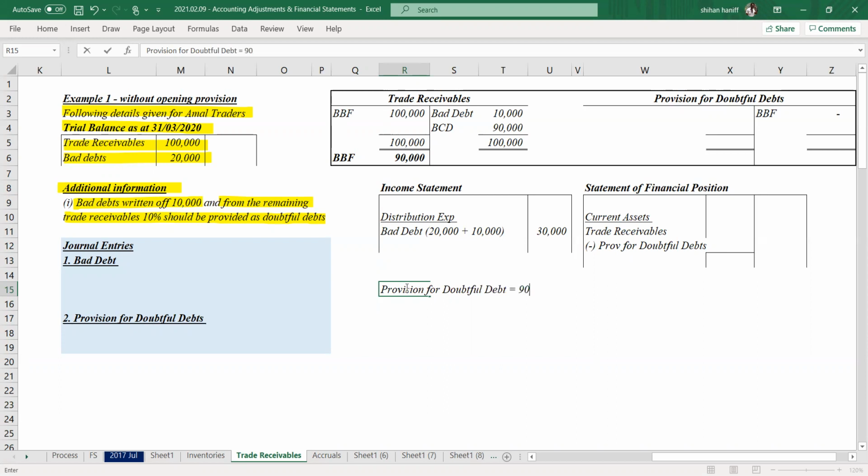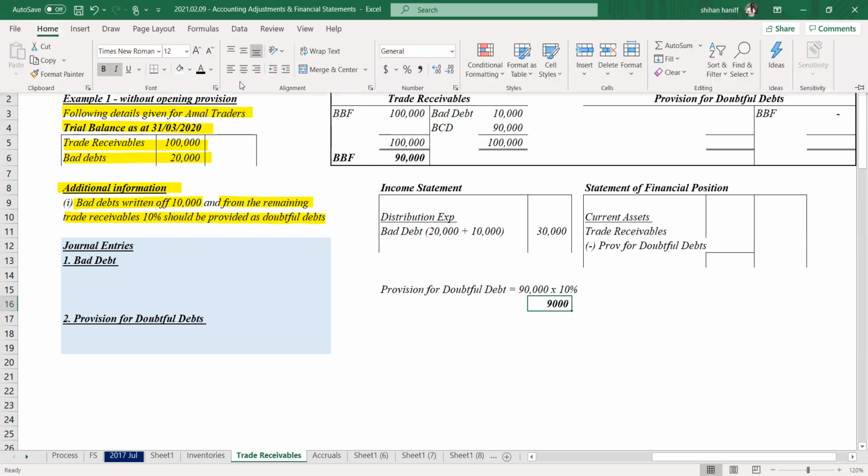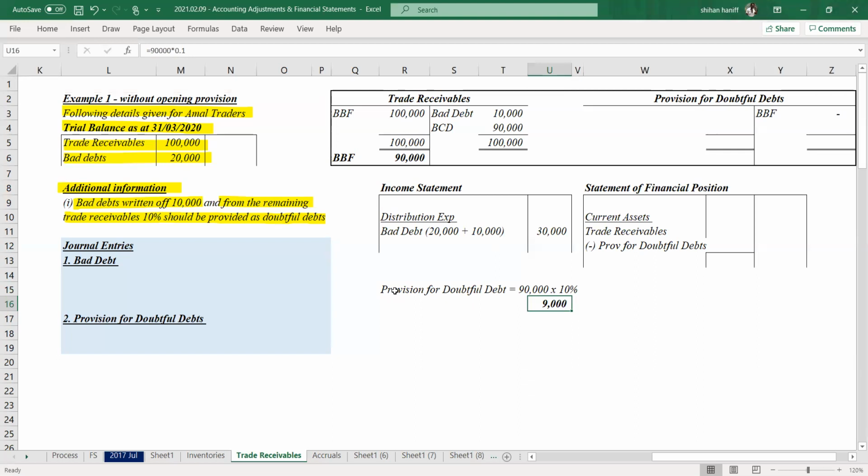That's 90,000 into 10%, which is 9,000. So that's the provision.